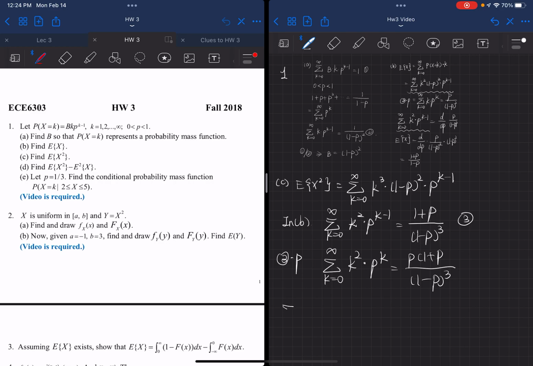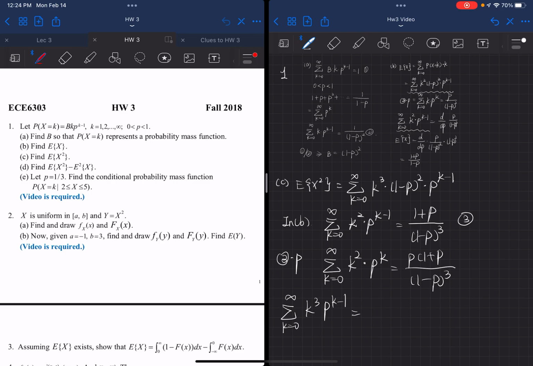and then we take the derivative with respect to p of this equation. And this is exactly the formula of the expected value of X divided by 1 minus p to the power of 2.